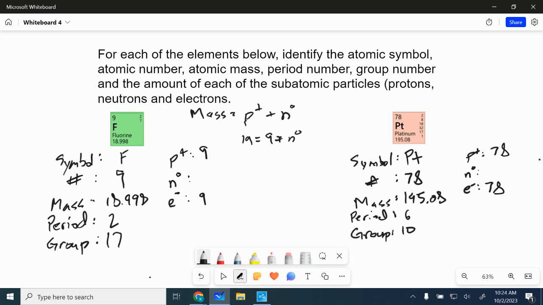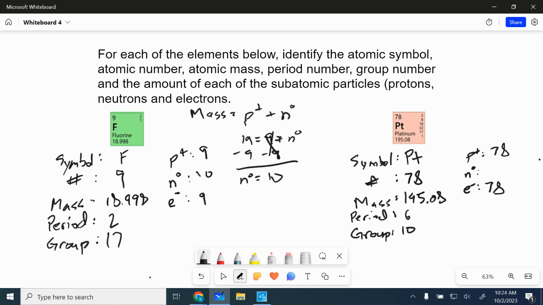So we can use algebra right here. Subtract 9 from both sides. That cancels out. And we're left with neutrons is equal to 19 minus 9, which is just 10. Okay. So fluorine has 9 protons, 10 neutrons, and 9 electrons.